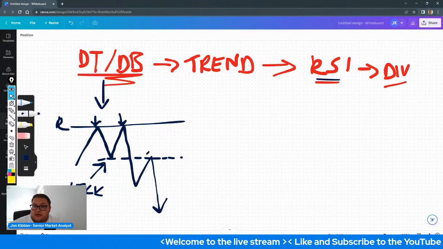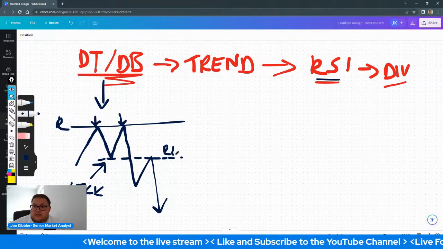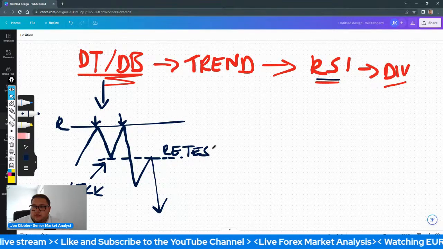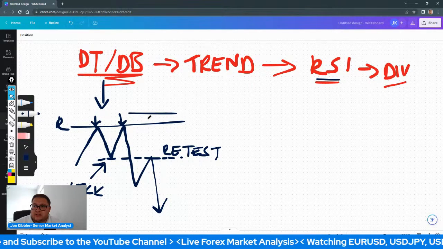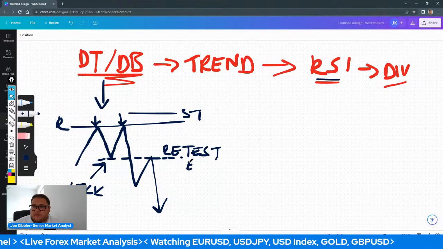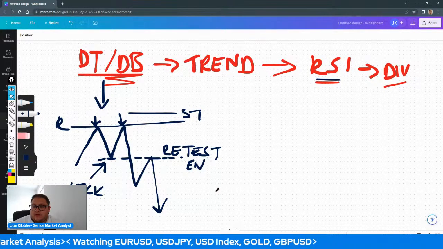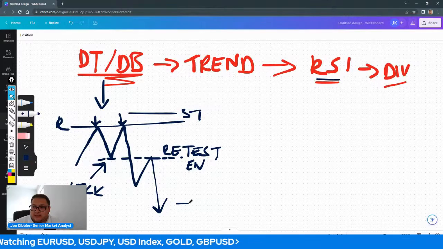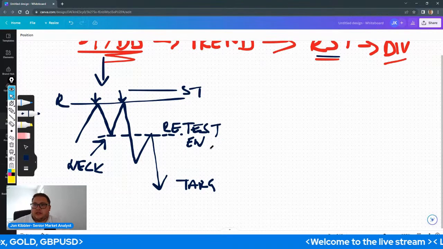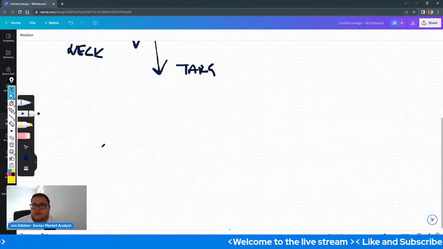Or you take the break and retest of the neckline. If you take the retest, then usually you've got a good place to put your stop losses, a good place to enter the market, and usually a good place to target. But that's just for a double top.